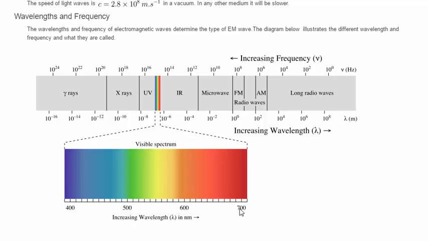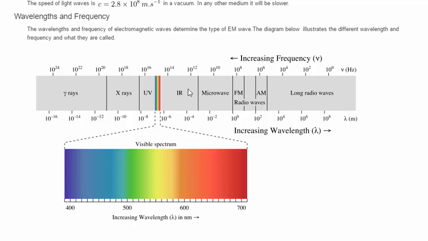Very, very tiny wavelengths. Now, the smaller those wavelengths, in other words, the higher the frequency, you'll see the frequency increases to the left, the more blue it will be. On the other side, however, it will become more red. The longer the wavelength, it becomes red.